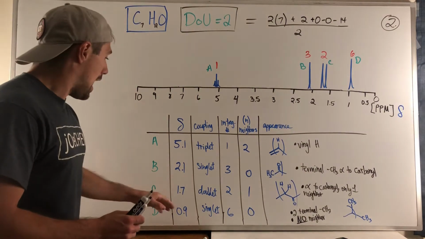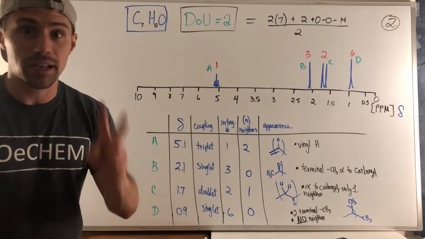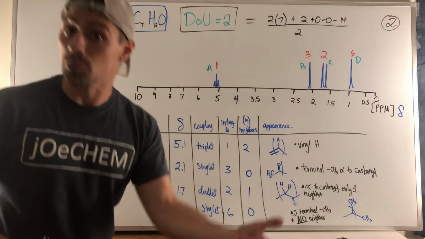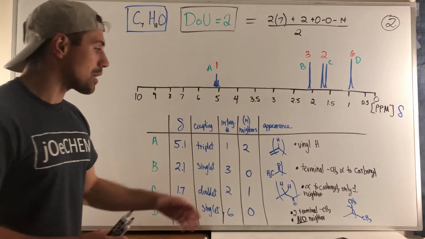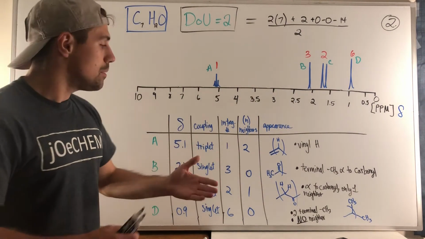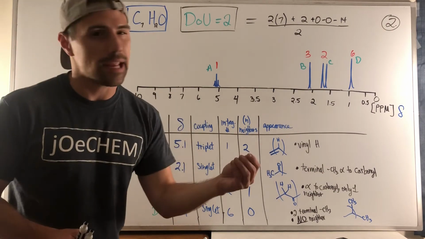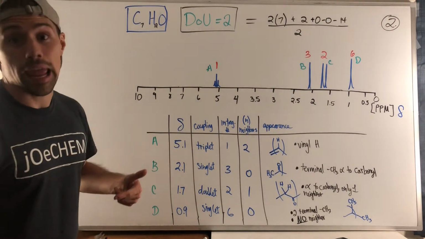And C has an integration number of 2, so it's not terminal, otherwise it would be a CH3, and we see we only have 1 neighbor. So we're alpha to the carbonyl on the other side, but there's something going on. We only have 1 neighbor next door. That's a bit odd. Maybe our 1 neighbor could be A.